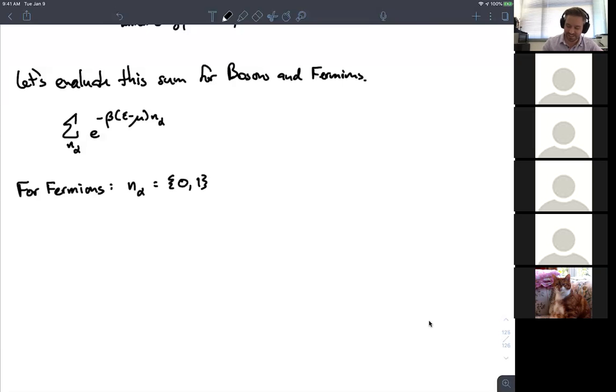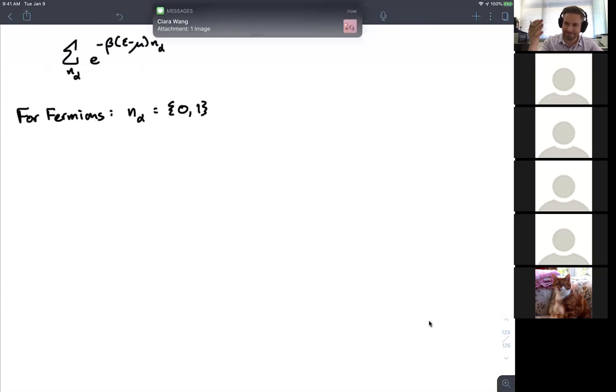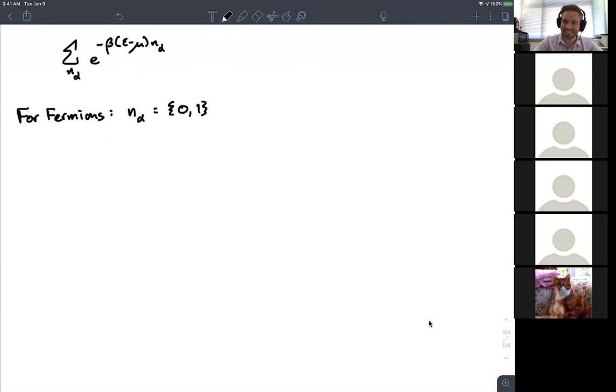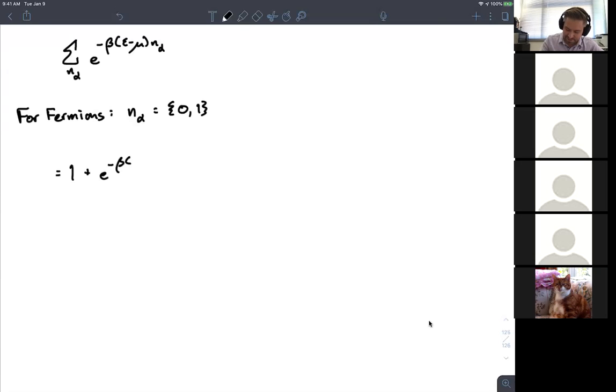When you plug in n alpha equals 0, the exponent is 0, so we get just 1, because e to the 0 is 1. Then you plug in n alpha equals 1, and you get e to the minus beta epsilon minus mu.